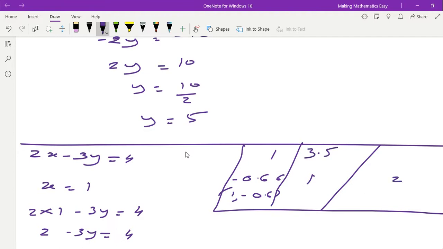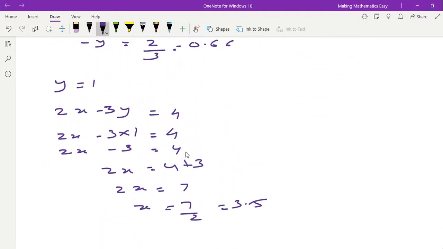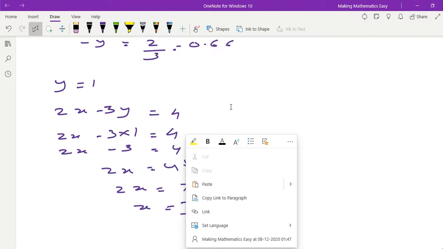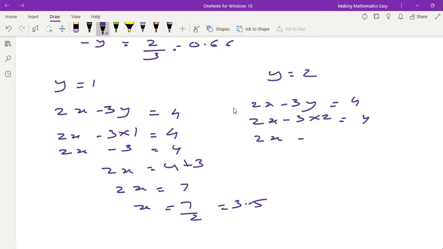Now let's take y as 2. This 6 will become positive over here. This will be 10. This will be divided by 2.